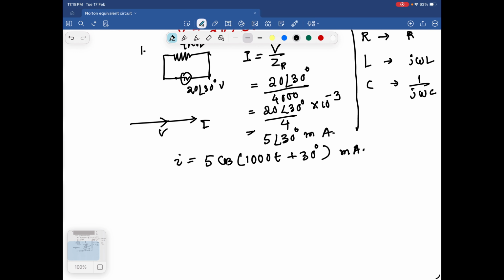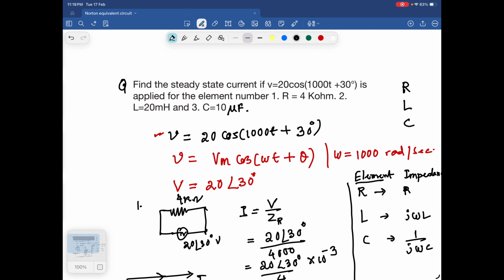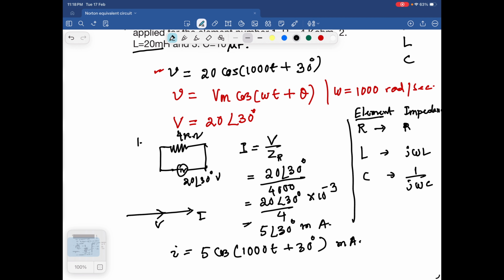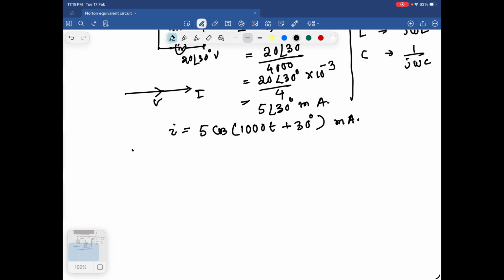Now, in number 2, what is that? It is connected to a 20 millihenry pure inductor. So in number 2, this is connected to a pure inductor.